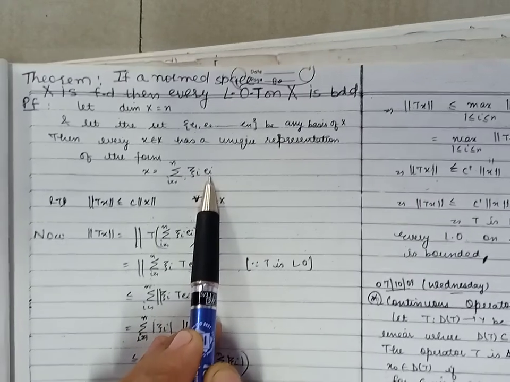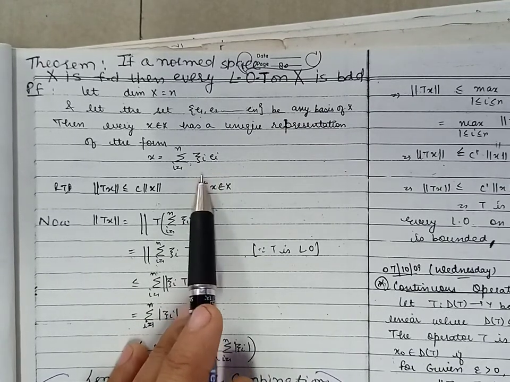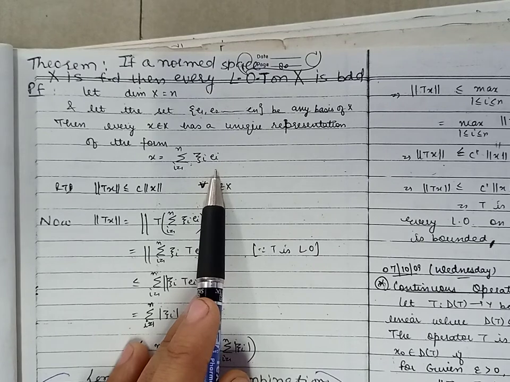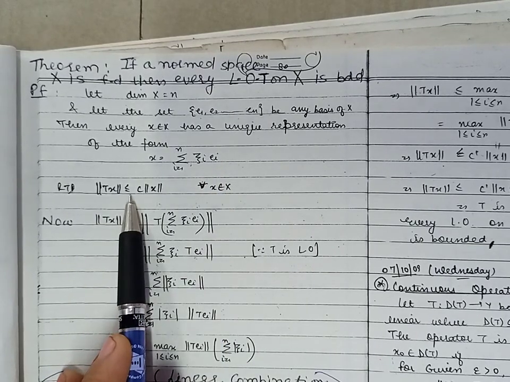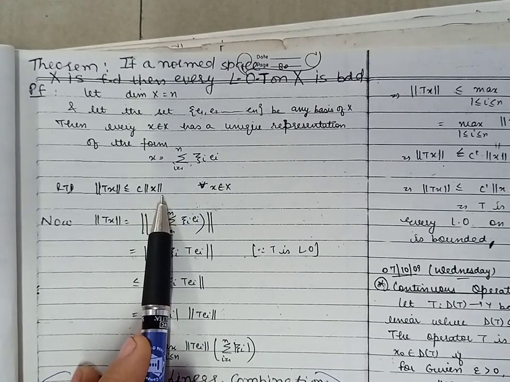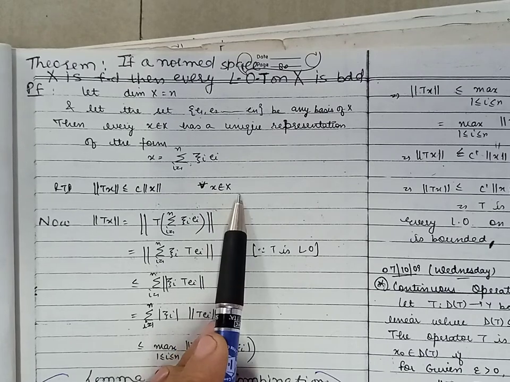Now we are to prove that T is a bounded linear operator. By the definition of bounded, we are to prove that norm of Tx is less than or equal to C times norm of x, where x belongs to the normed space X.